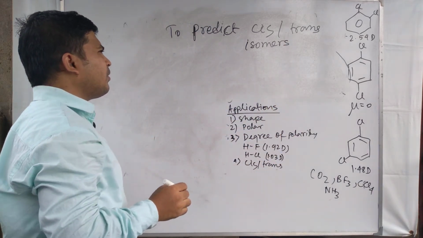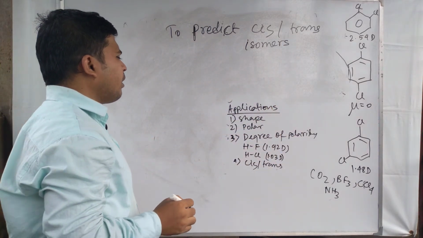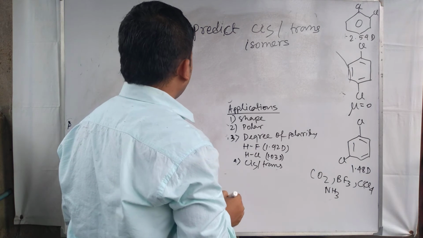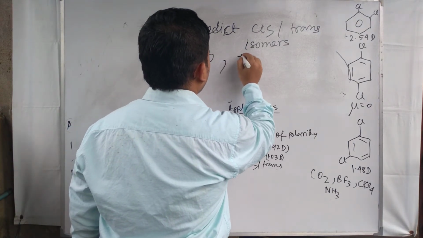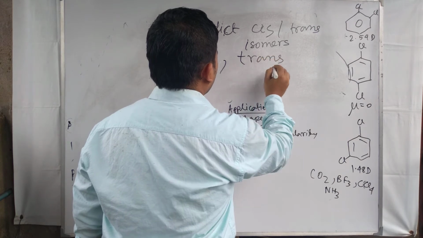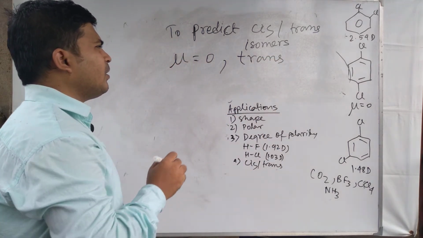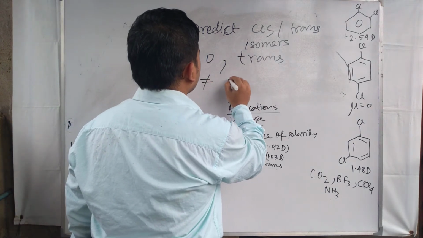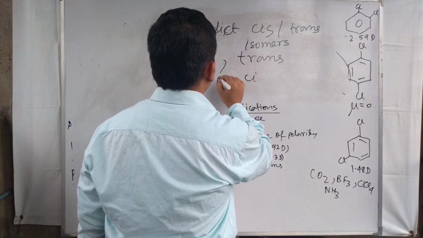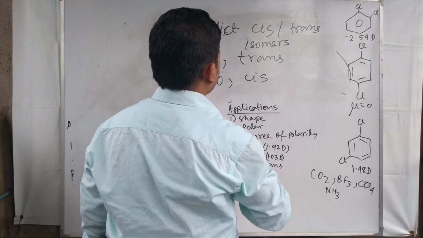To predict cis and trans isomers, we can use the concept of dipole moment. If the dipole moment is 0, then the molecule is trans, and if mu is not 0, then it is cis.